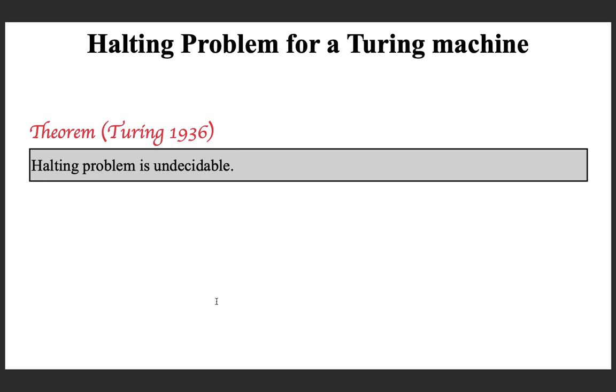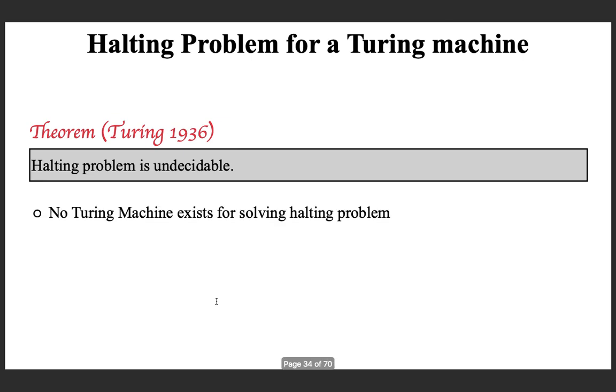Given a Turing machine M as its binary encoding X, and a binary input Y to the Turing machine M, check whether the Turing machine M halts on Y or not. Turing proved that it is an undecidable problem, and he proposed a proof by contradiction utilizing the diagonalization technique.